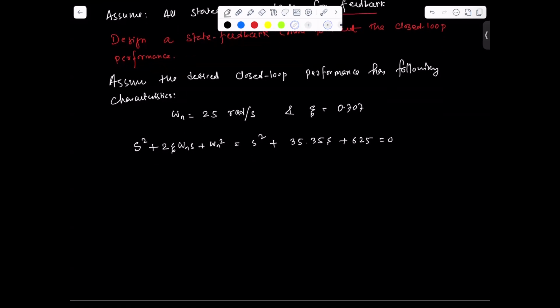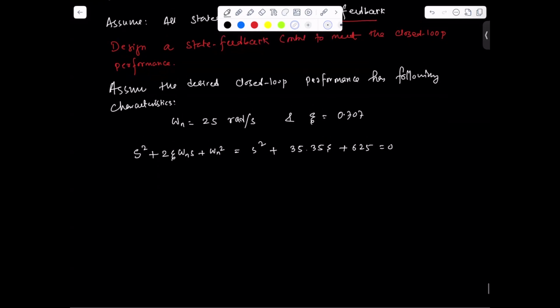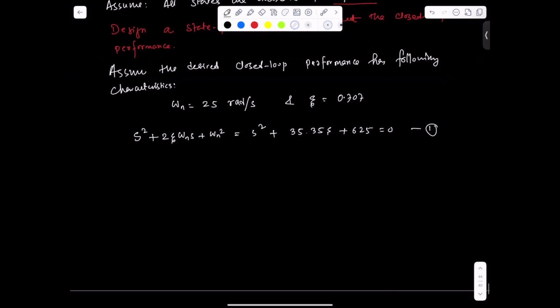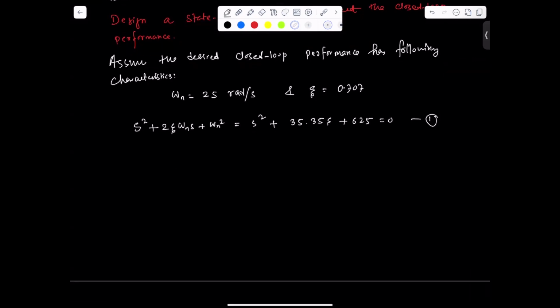Now, this characteristic equation is used for finding the gain of the state feedback control. Now we'll find the characteristic equation for the given system.